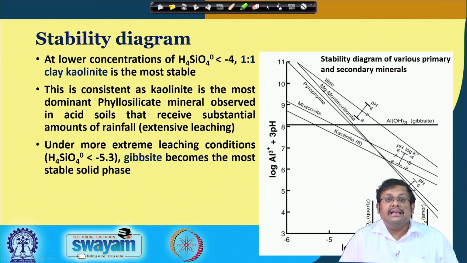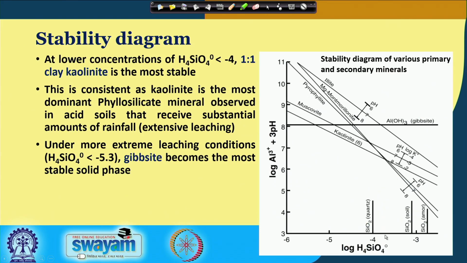And you can see here that as the pH decreases from 11, 10 to 9, and as log Al3+ plus 3 pH decreases, we go from illite to montmorillonite to ultimately kaolinite. If you remember the stability of different clay minerals which we discussed in week 2 of the lectures, illite and montmorillonite are the earlier stages of weathering, whereas at the advanced stages of weathering we get kaolinite.